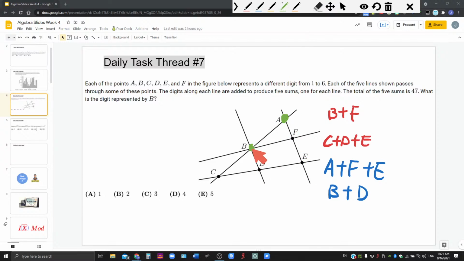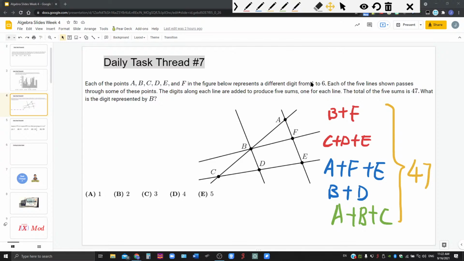And it has 3 points, A, B, and C. So, A plus B plus C. All right, that's the sum of the 5 lines. And we are told that the total is 47. Right? So that's a relationship. And they ask us to find out B.